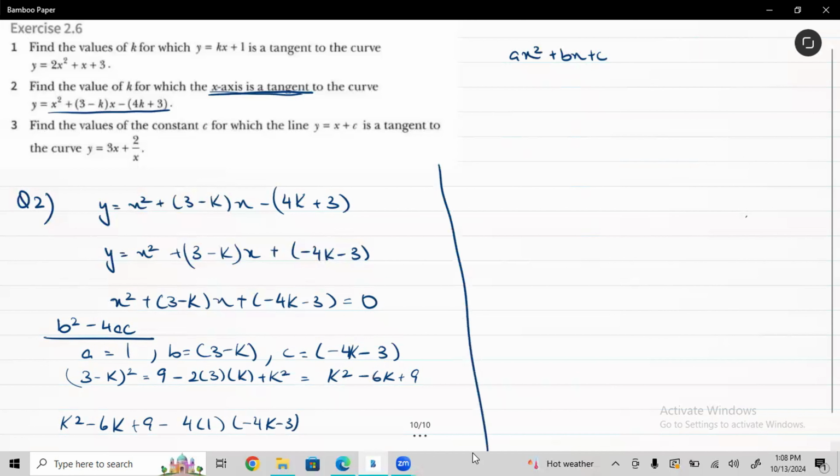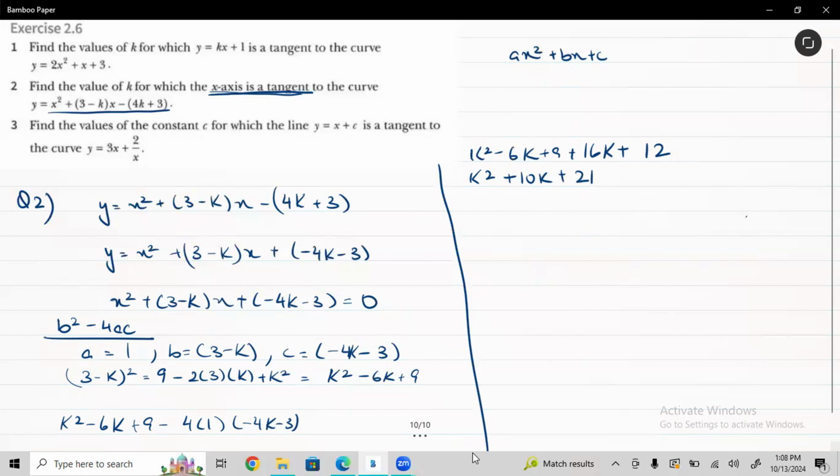Simplifying further, we get k squared minus 6k plus 9, minus, positive 4 times 4k is 16k, plus 4 times 3 is 12. Simplify this: k squared, 16 minus 6 is positive 10k, and 9 plus 12 is 21.